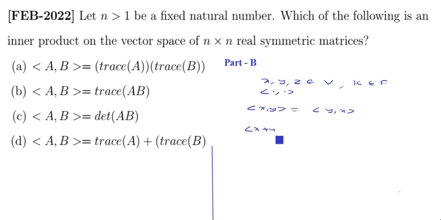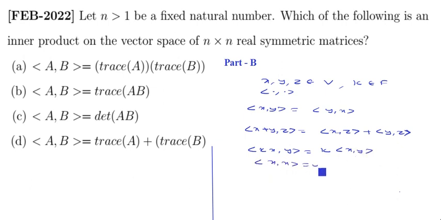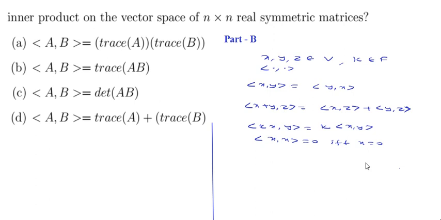And second one is the additive property, so <x + y, z> would be equal to <x, z> plus <y, z>. And the scalar multiple property: <kx, y> will be equal to k times <x, y>. Fourth one, <x, x> equal to 0 if and only if x equal to 0. So we will check the options one by one.